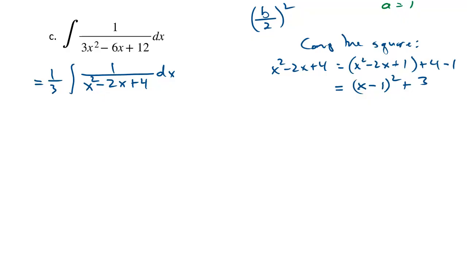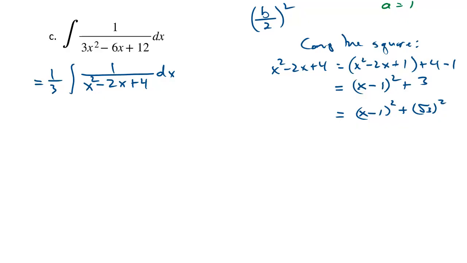All right, so this is plus 3. Well, that doesn't look like a square, but we can write it as x minus 1 squared plus root 3 squared. So anytime you have something weird like that that doesn't have its own square, you can write it like that.